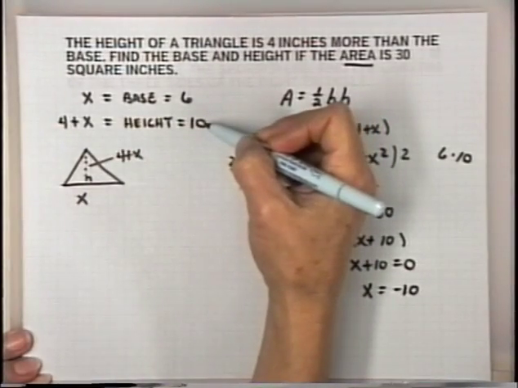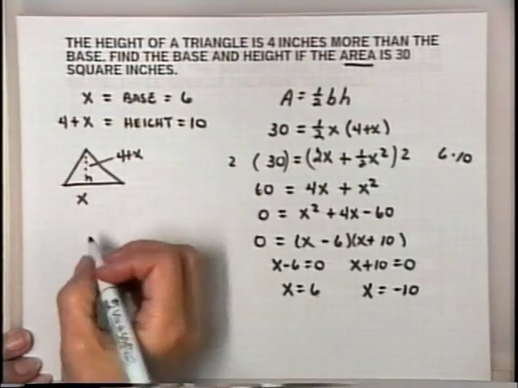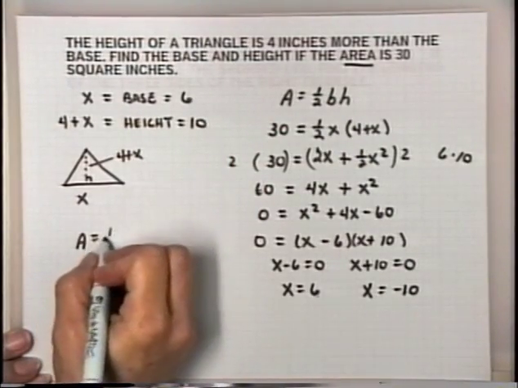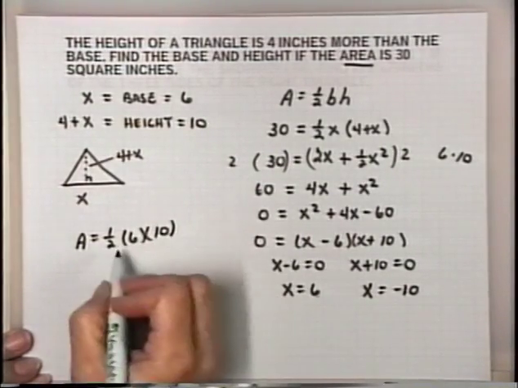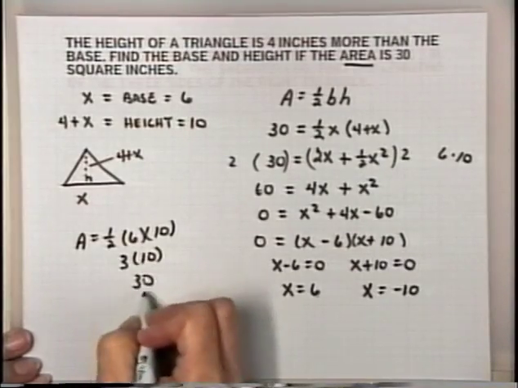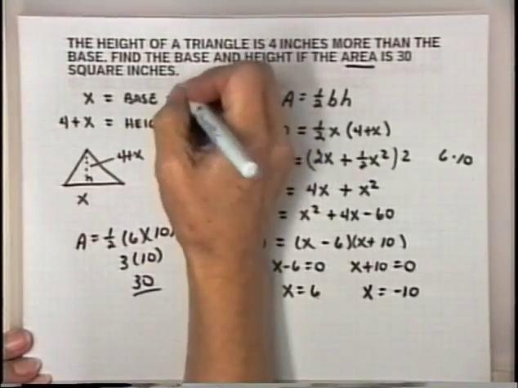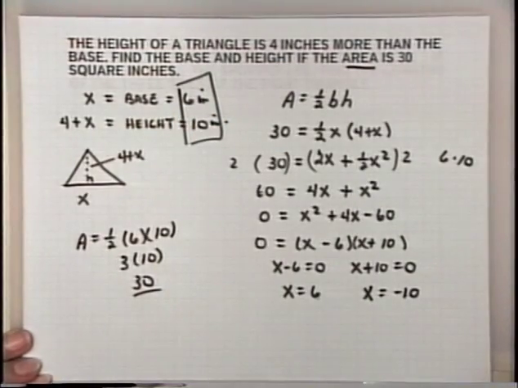Notice that our height is 4 inches more than our base, and if I do the area, 1/2 times base 6 times height 10, 1/2 times 6 is 3, times 10 is 30. So this is a correct solution, 6 inches and 10 inches.